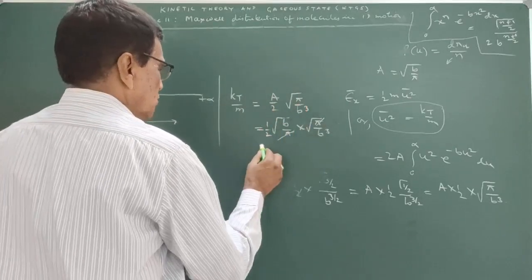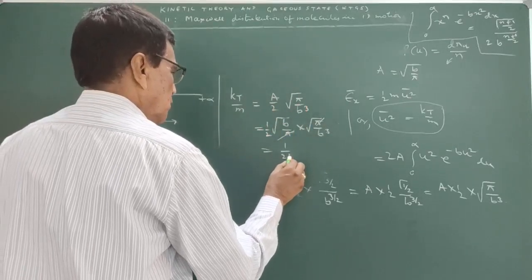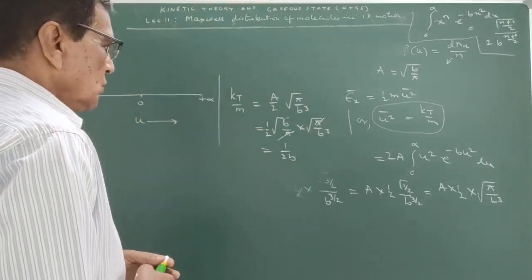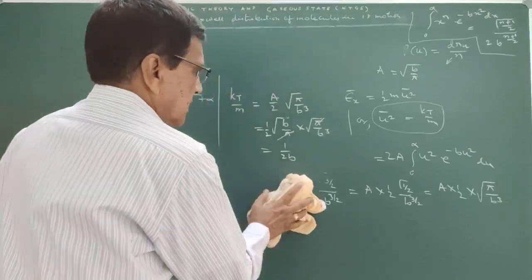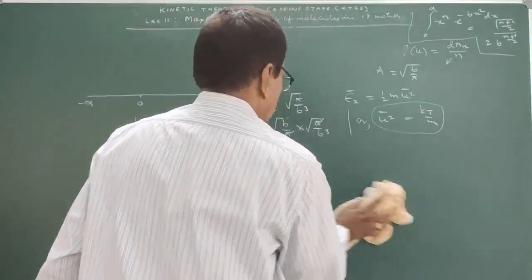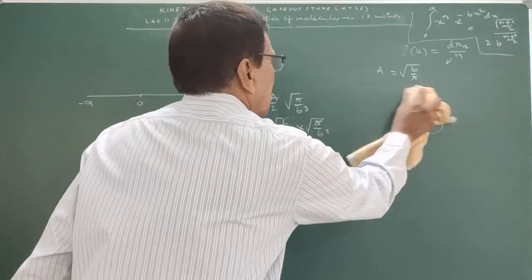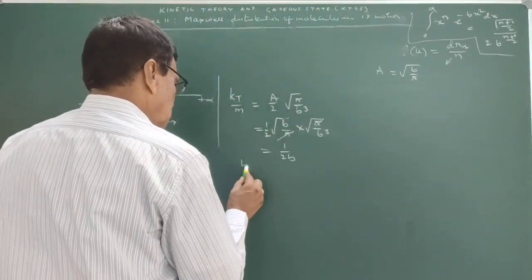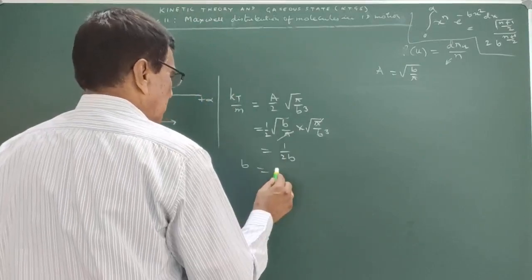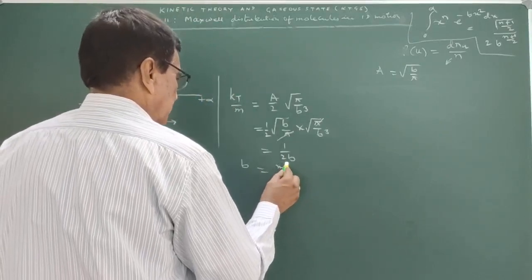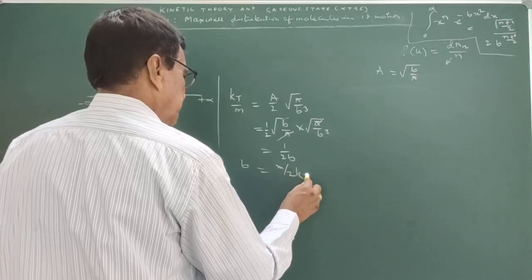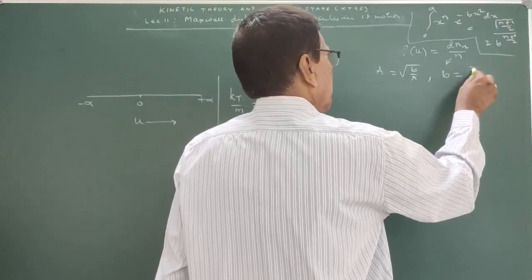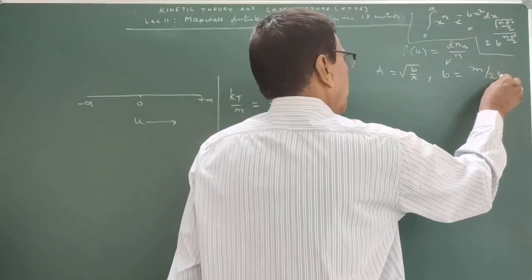So this is equal to 1 by twice b. So b equal to m by 2kT. So here b equal to m by 2kT.